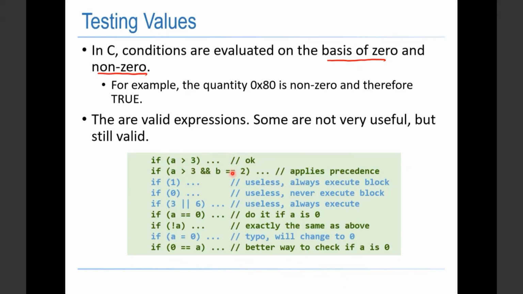If both conditions are met, then the condition is true because you have this logical AND. This is the symbol for the logical AND, so you need to check whether both conditions are true or not.